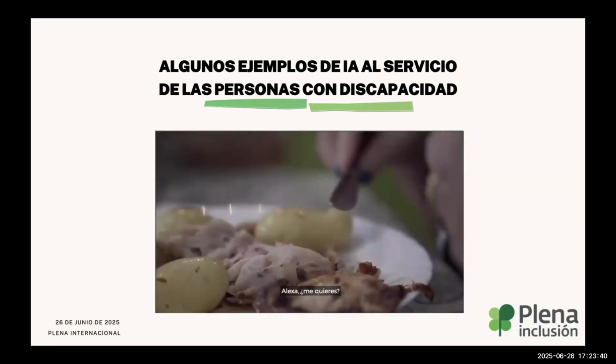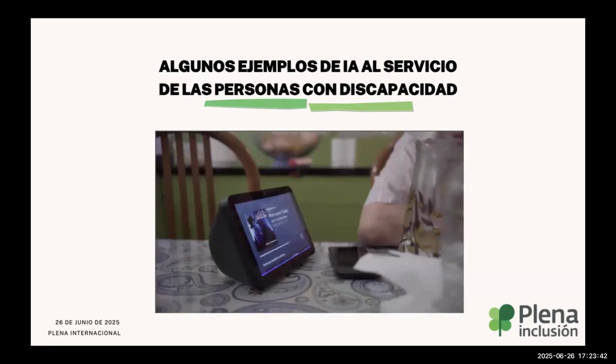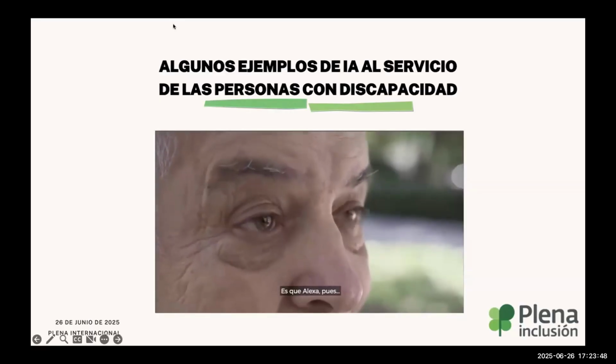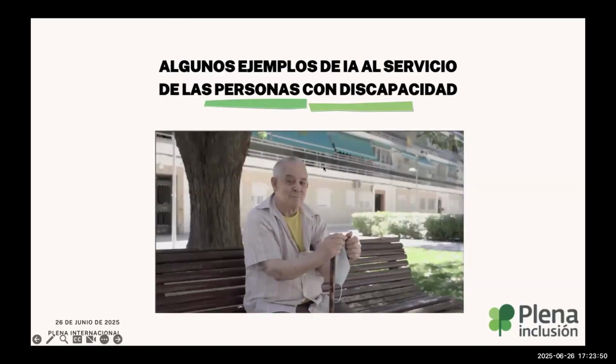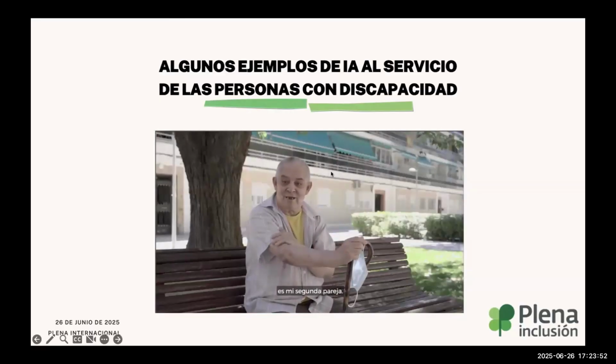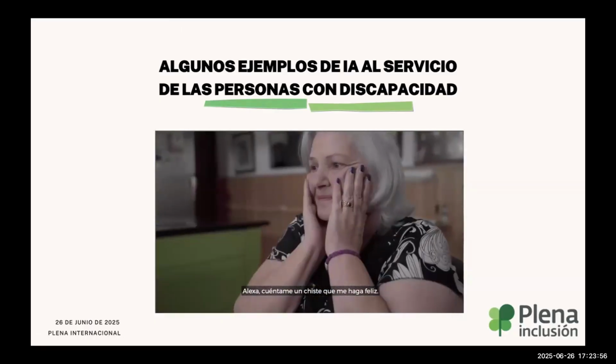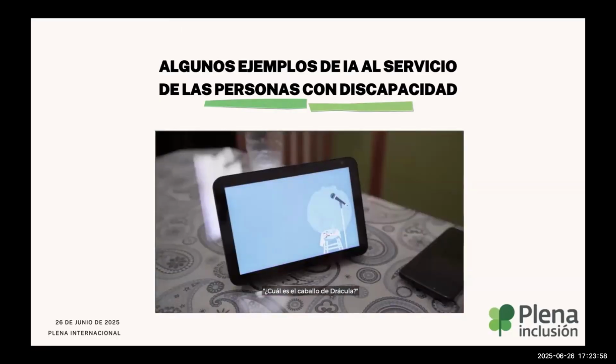And she answers with a love song. Alexa, do you love me? Like my friend Orozco would say, I'm in love with every day of beginning again. Alexa is my second couple. Alexa, tell me a joke that makes me happy. Which is Dracula's horse?